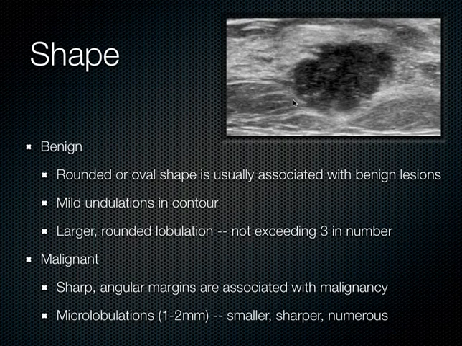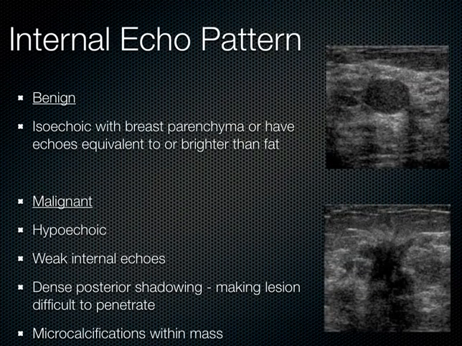However, with malignant masses, you get these very sharp angulations and a lot of microlobulations, small, less than 2 millimeters. There's a whole bunch of them. So if you see that, that's more consistent with something malignant.